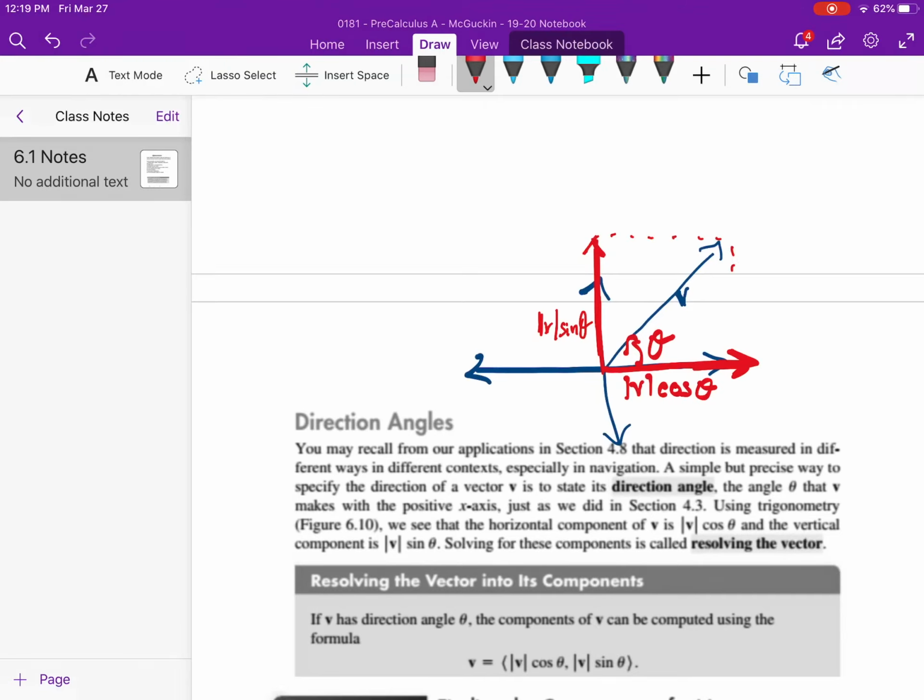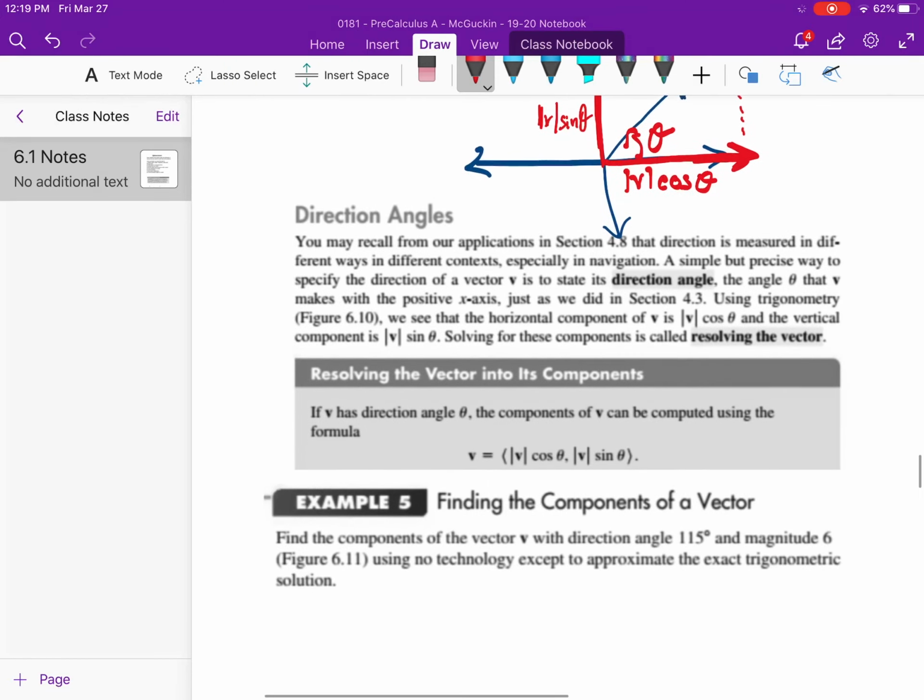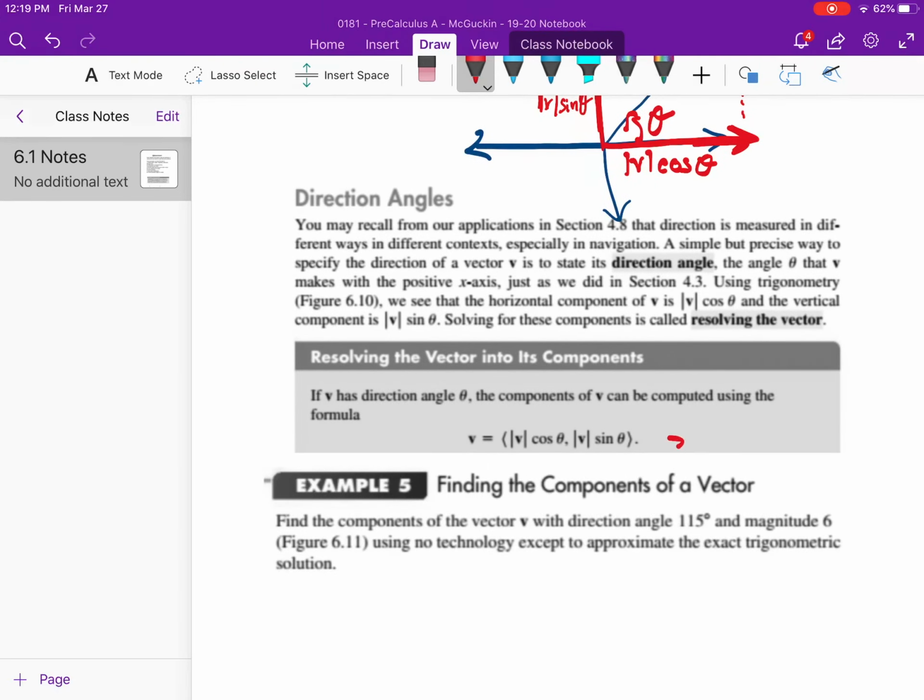This represents that geometric look of the vector, the horizontal versus the vertical components. That is where we end up with the concept that we can rewrite a vector in terms of the cosine and sine of its direction angle.